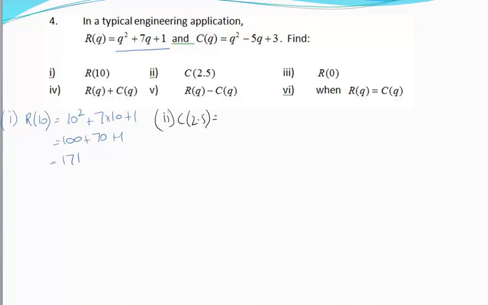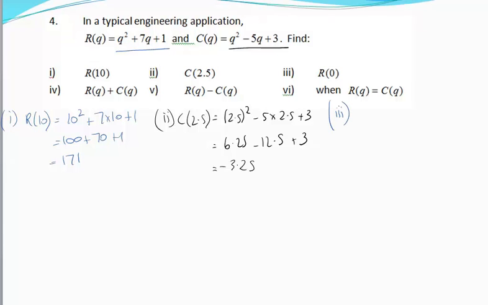So now with our c equation, 2.5 squared minus 5 multiplied by 2.5 plus 3 becomes 6.25 minus 12.5 plus 3. Together this becomes minus 3.25. For 3, we've got our r equation again, and our q is equal to 0. So r of 0: 0 squared plus 7 times 0 is still 0, plus 1 is equal to 1.